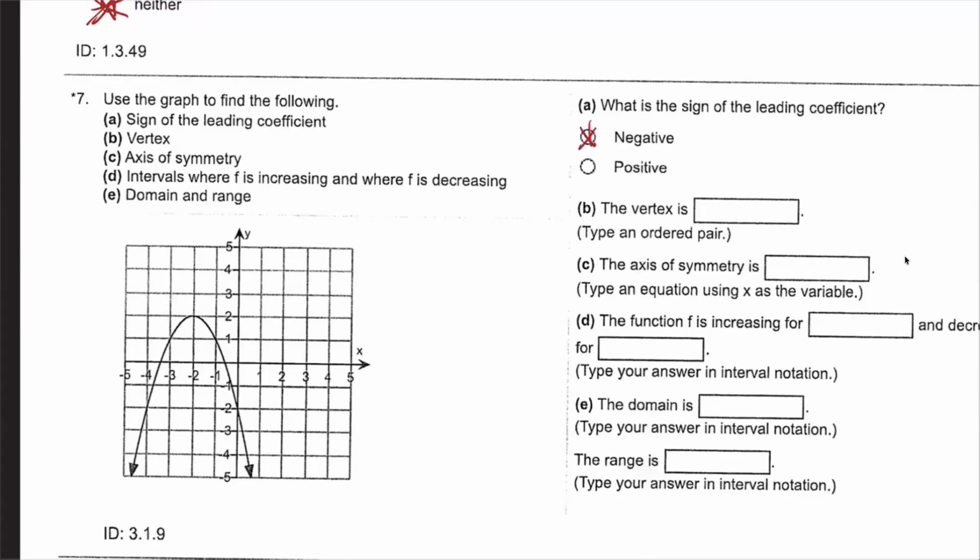That's because it's upside down. The sign of the leading coefficient must be negative. The vertex of the parabola is where the parabola goes from increasing to decreasing or from decreasing to increasing. It's either the maximum point or the minimum point. So the vertex for this parabola is the point -2, 2.